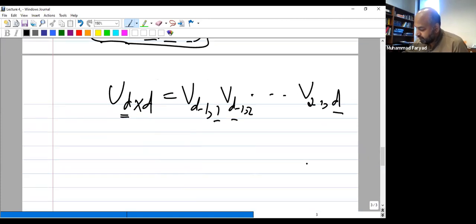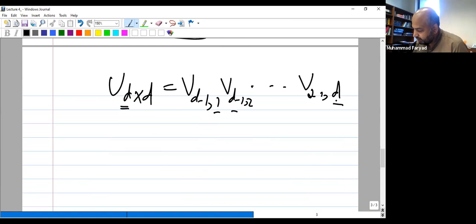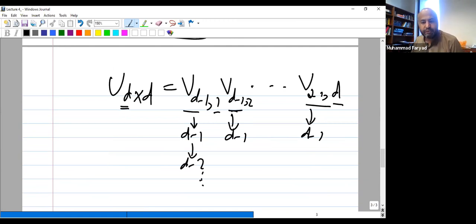So we need D gates, and then for each of these D gates, we need D-1 unitaries. And then for each of these, D-1s, we need D-2, and so on.